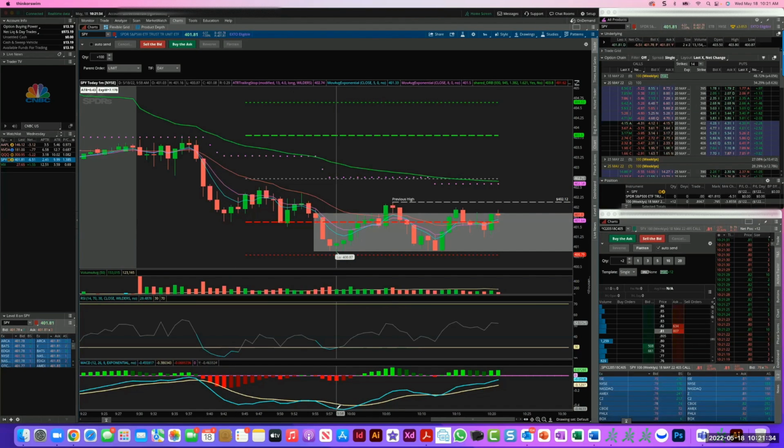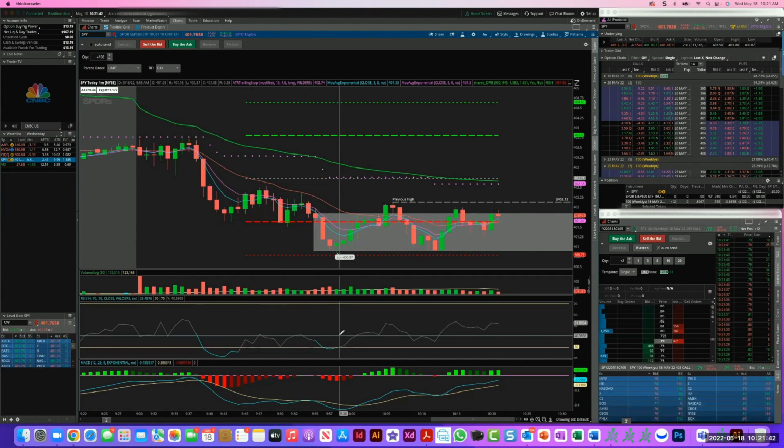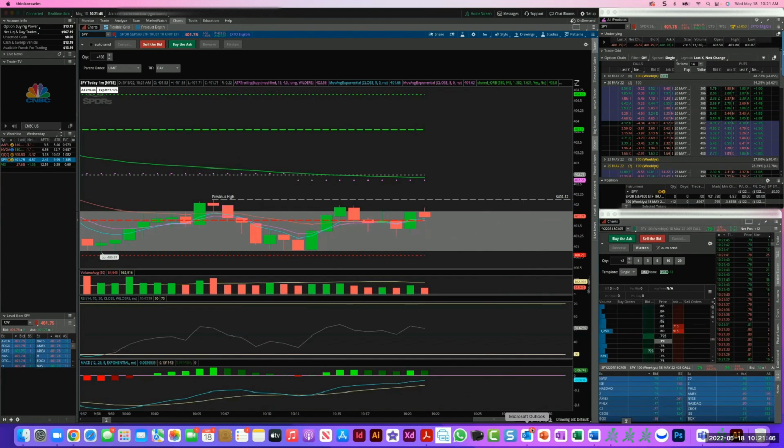So what I did, I actually added to my position at these levels here when it was oversold again. So we're going to sit in this today, and we're going to let it play out and think that we're going to have a positive result.